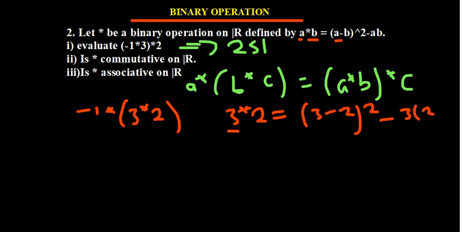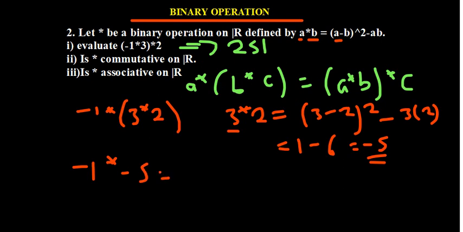So 3 minus 2 in brackets is 1. 1 squared is just 1. Minus 6, which is -5. We've determined what's in the brackets. So we can now say you have -1 star -5.